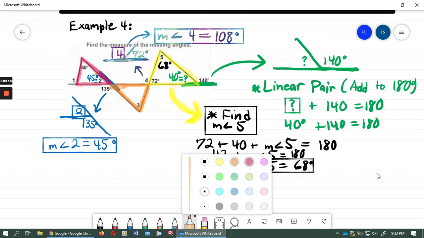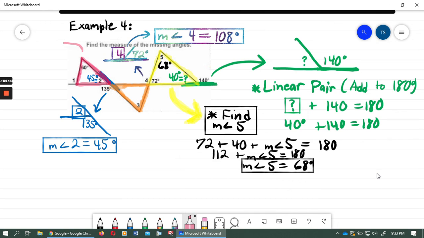With this pink triangle here, first you'd have to find that third angle before you can figure out what angle 1 is. Let's look at this pink triangle real quick, because I do want to show you at least one more example of how this could look.